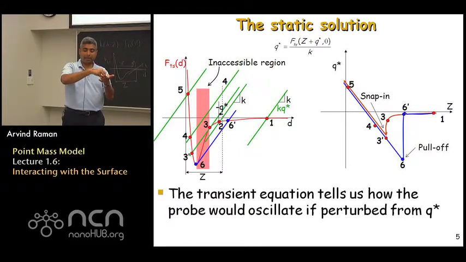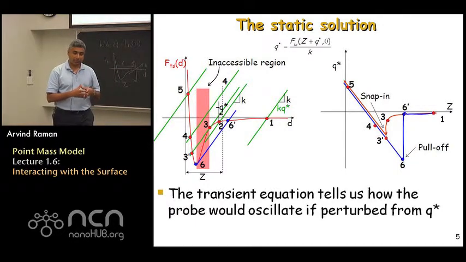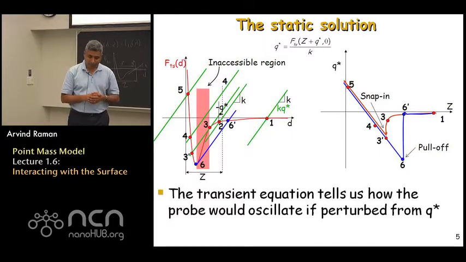When you move back out, you get to point 6, where the tip deflection is very negative, and suddenly it releases and then goes to 6 prime, where the tip deflection becomes again nearly 0, and finally at 1 you're well separated from the sample.